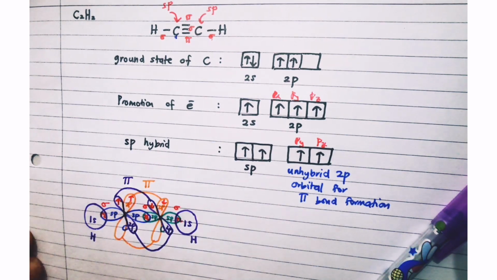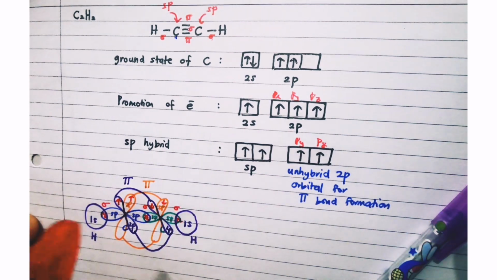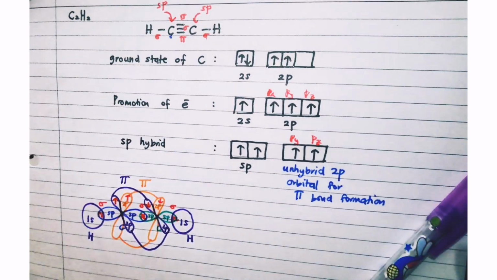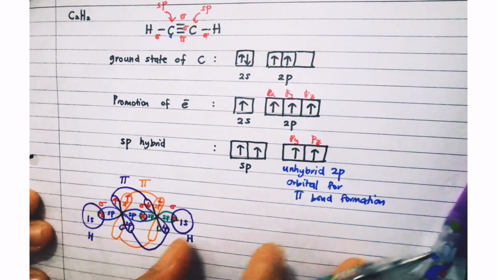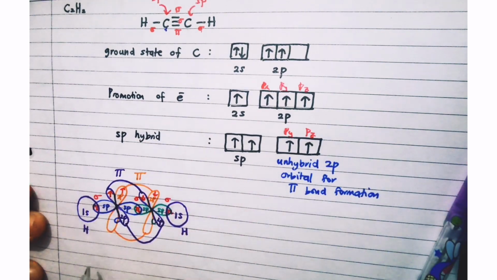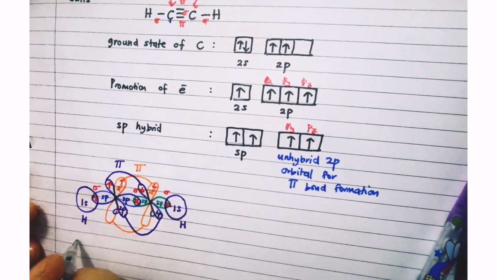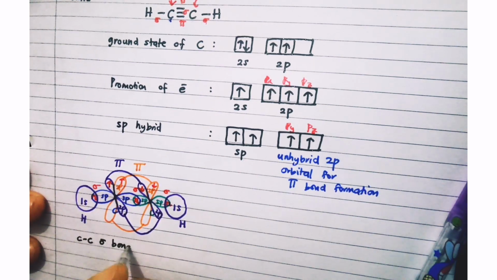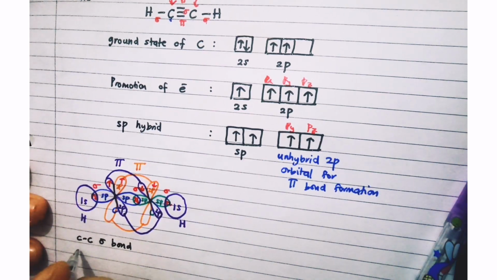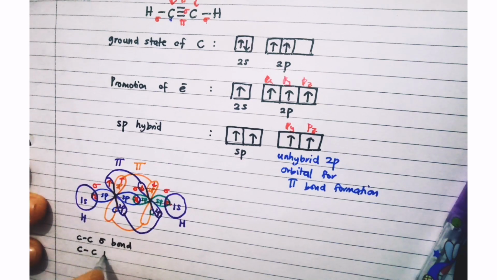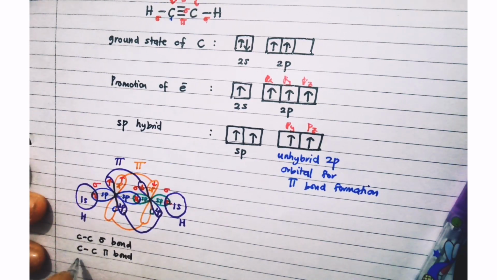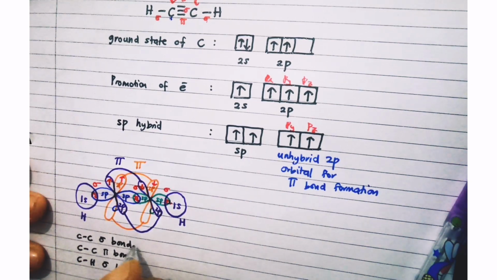So from the orbital overlapping diagram, we can see that we have a CC sigma bond, a CC pi bond, and we also have a CH sigma bond.